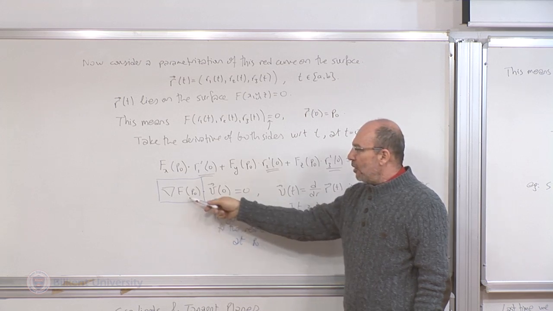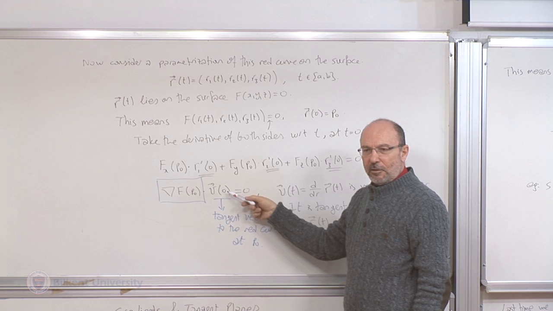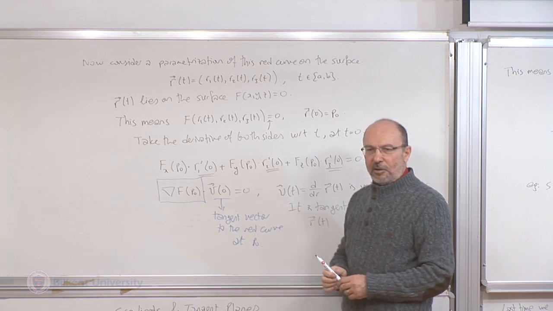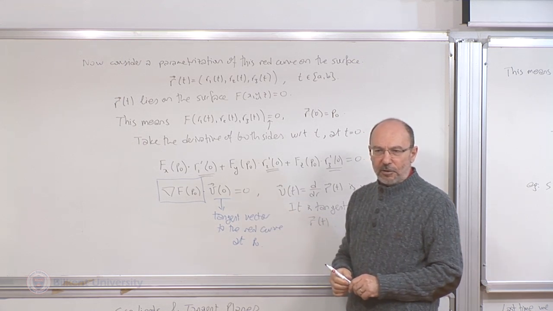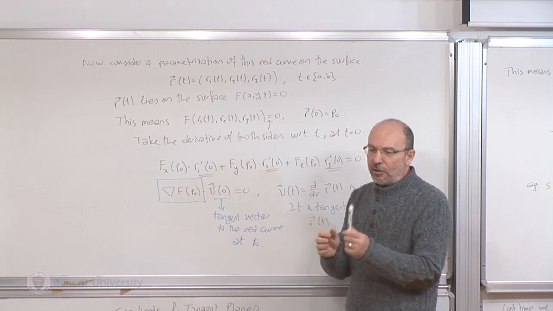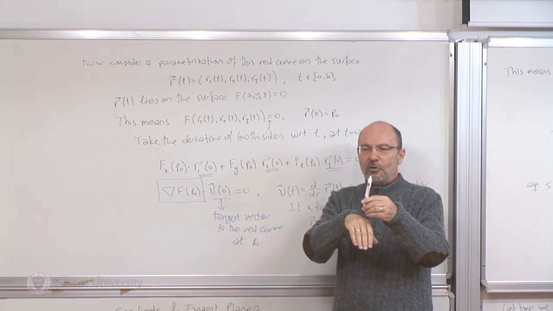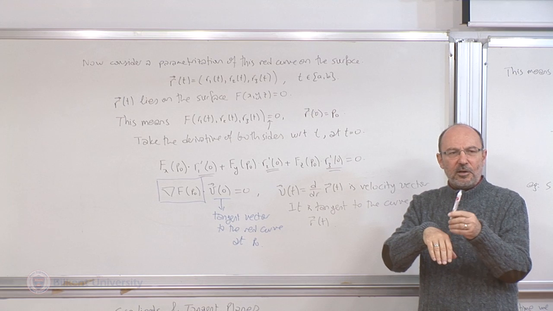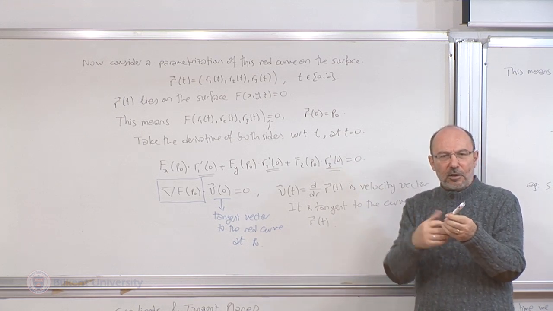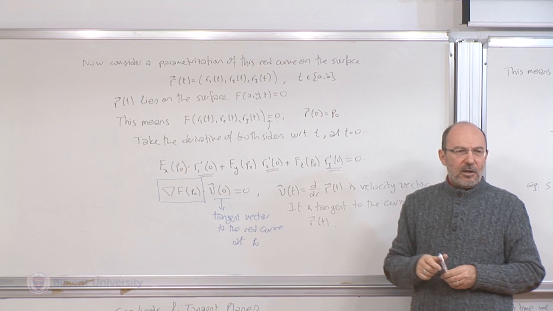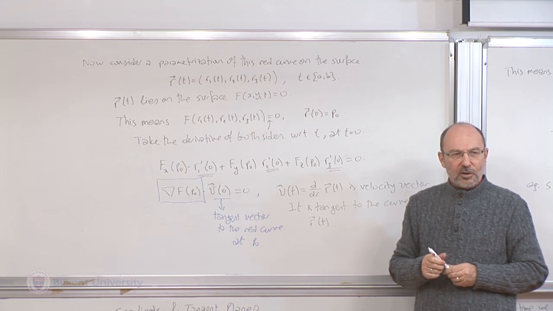Okay, the gradient is always perpendicular to that. Okay, so the gradient is perpendicular to the surface. That's how we summarize this. Actually, the surface is something curved, so there is no such notion as a line being perpendicular to a curve, but what we mean is it is perpendicular to all tangents at that point.